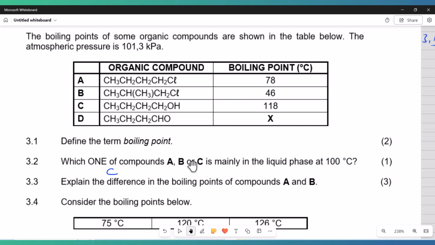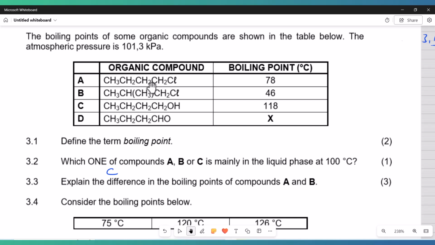So here we go. There's a difference in boiling points between compounds A and B. A is longer than B because B is more branched. Because of that, A has a larger surface area for the intermolecular forces to act, that's London forces, while B has less surface area.